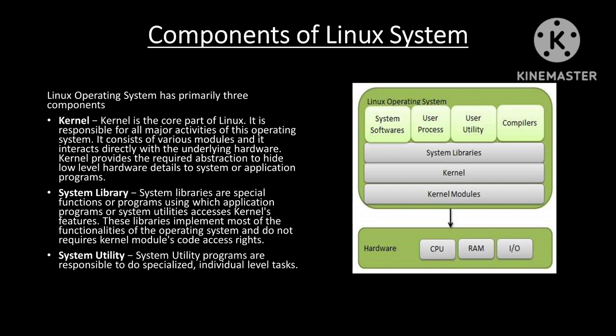Next, the third component is the system utility. System utility programs are responsible for doing specialized individual-level tasks. Every utility has its predefined tasks and is responsible for its particular tasks.